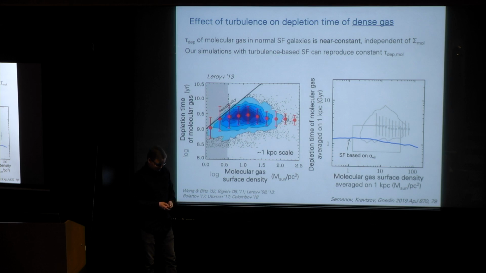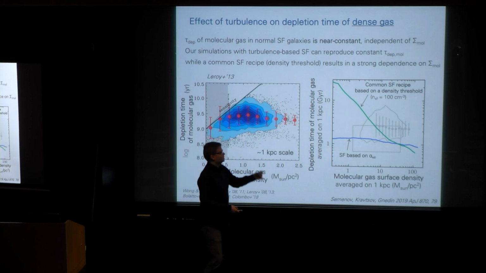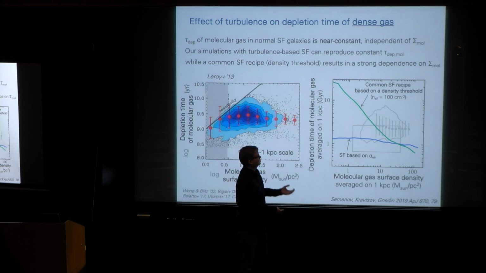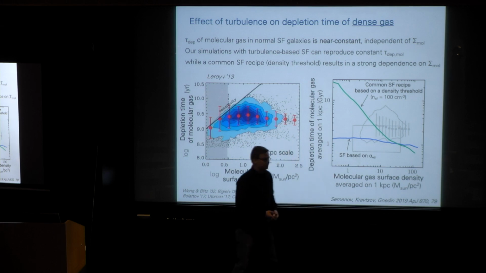But the interesting thing is that if we run exactly the same simulation, only changing the way stars are formed, so if we use the common prescription based on a density threshold and fixed efficiency, we get a much steeper relation, which is inconsistent with observations.